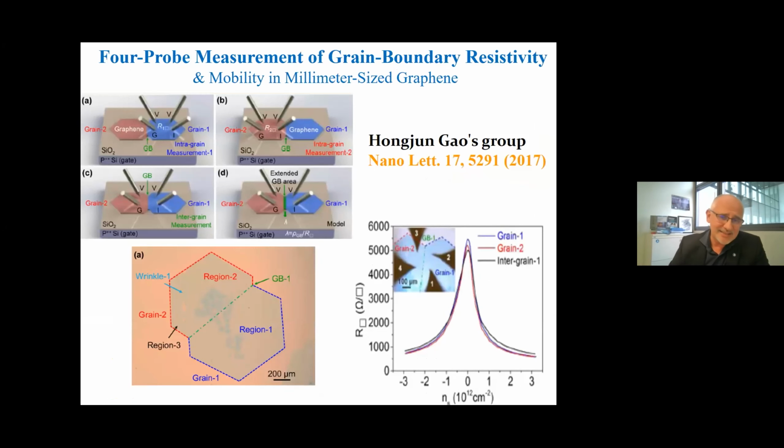Okay, but let's go a bit into the quantitative comparison. And to do that, I'm commenting here on this experiment, which is very interesting, in which you measure the resistance inside grains and then across the grain boundary. So by doing that, you can really get information about the impact of the grain boundary. So you can extract the so-called grain boundary resistivity, which really is a fingerprint of the grain boundary on electronic transport.